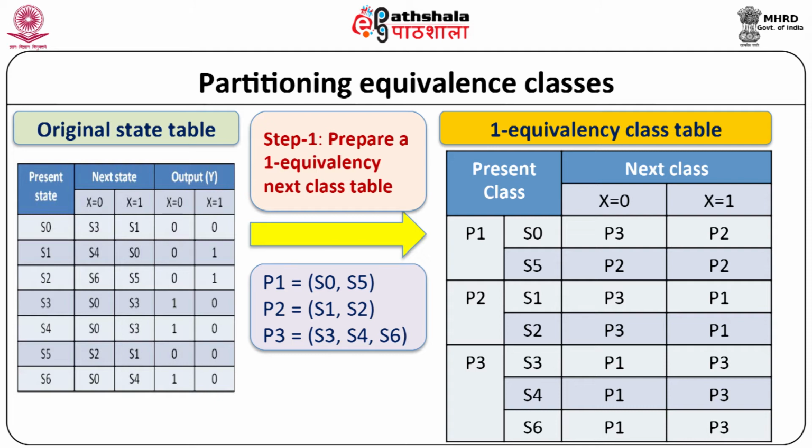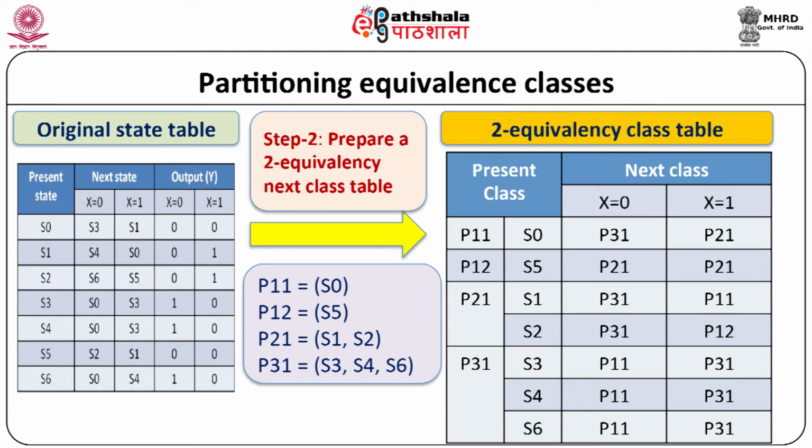For example, present state S0 has the next state S3 when x = 0, which belongs to class P3. Therefore, P3 is written in the x = 0 next class column. State S0 has next state S1 when x = 1, which belongs to partition class P2. Hence, P2 is written in the x = 1 next class column. Using this procedure, the rest of the rows can be filled in.